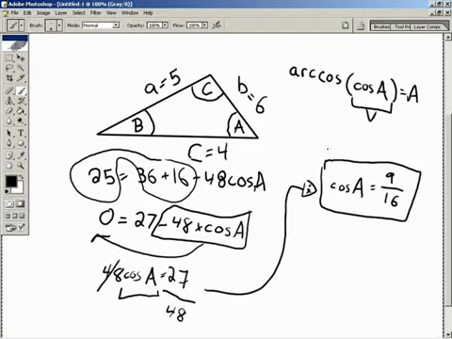So plug that into the calculator and you'll get that cosine of A gives this, and therefore A equals 55.77 degrees. So I guess it's a good thing that I erased A equals 30 degrees, because it didn't quite match up.